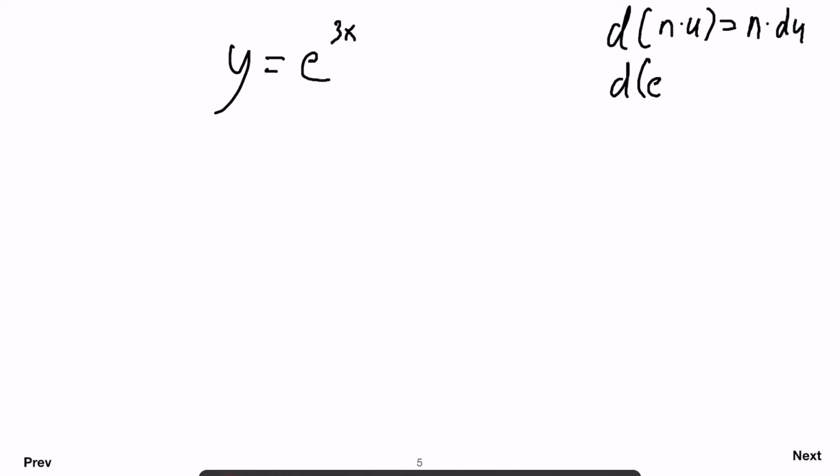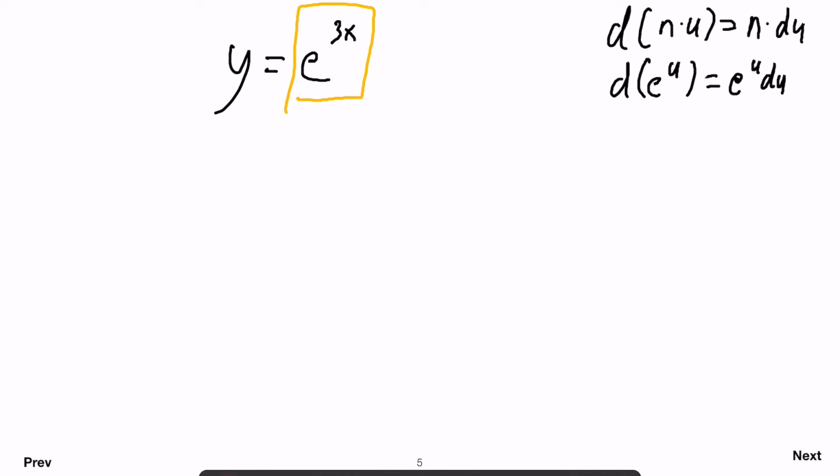So the differential of e to the u equals e to the u du. Okay? So now, what do we do here? Well, you can see that this does not follow either of our standard forms. But we can transform the equation so that it does.